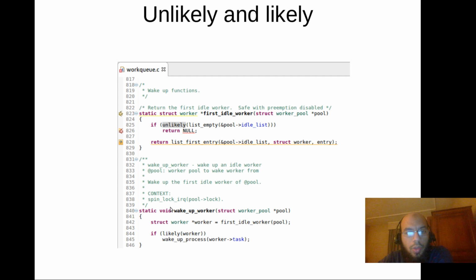We're going to talk about what workers are in a bit more detail, but think of them right now as processes. You can see that if likely work, you try to fetch the first idle worker from a pool and set it here, and it's very likely that you find an idle worker, because it's very likely both that you have things to do, and since you have things to do, you have things that are idle, waiting for processor time, right? So this is very likely to happen.